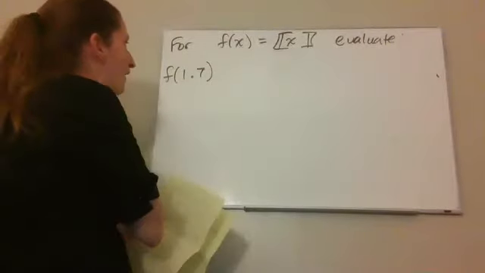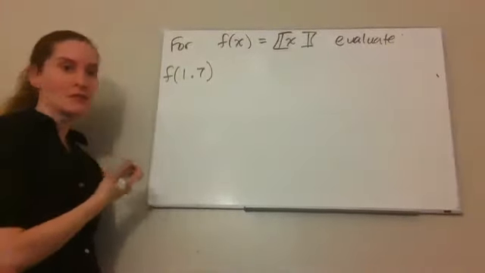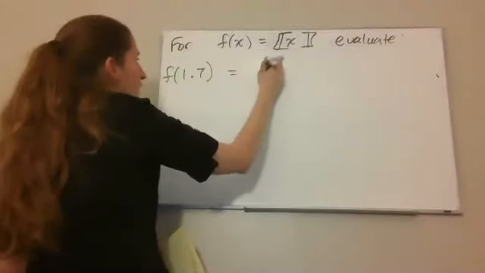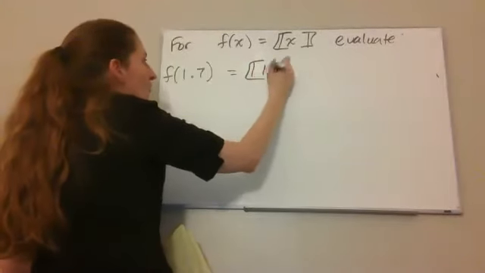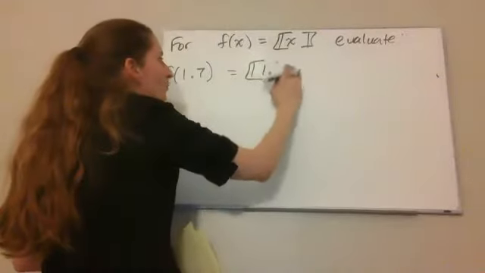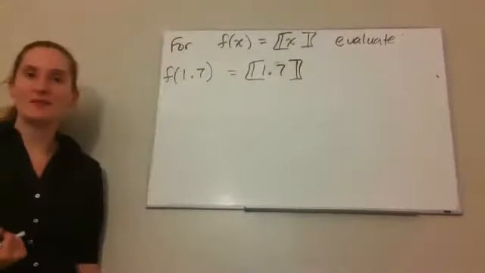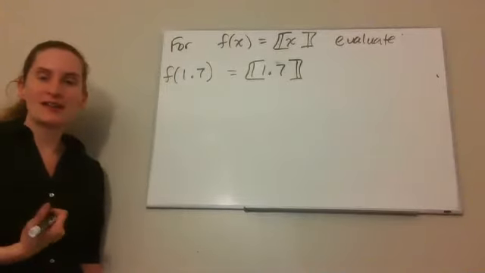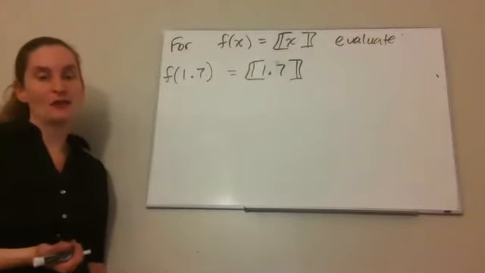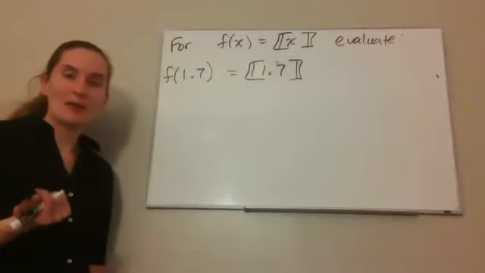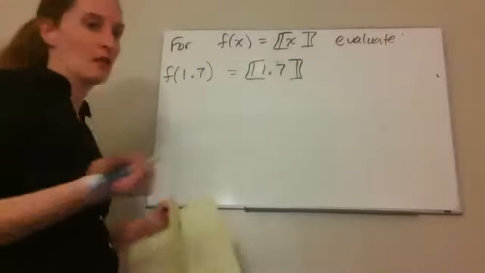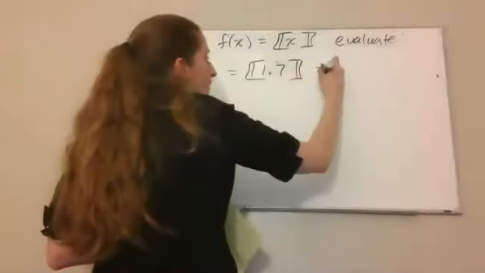First, f of 1.7. Well, just using our notation, this is going to be a 1.7 inside of those strange brackets. But now we have to think about what those brackets mean. It's talking about the greatest integer that is less than or equal to 1.7. Remember, this is like rounding down to the nearest whole number. So this is going to be 1.